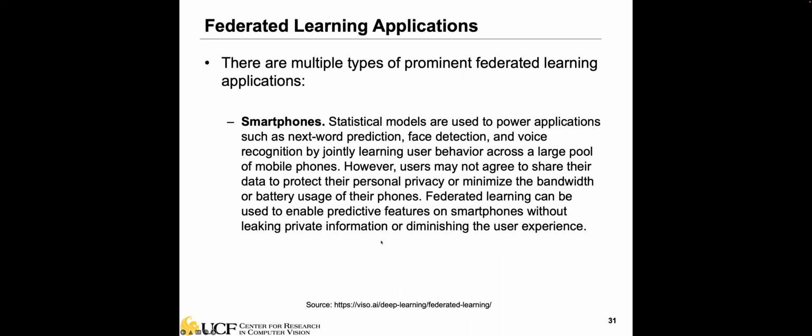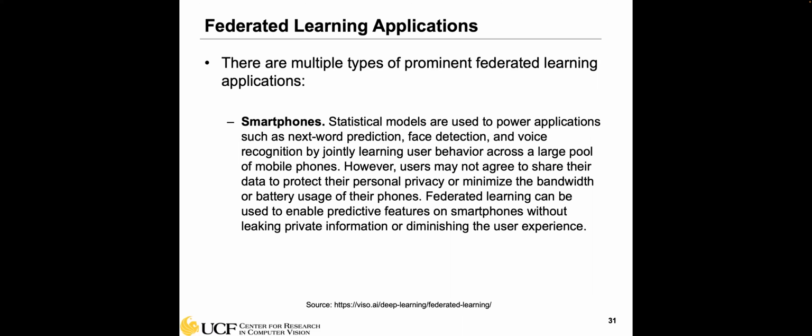Since we know the high-level idea of federated learning, and it has been used in a lot of applications, one big application is smartphones. On the smartphone we have a lot of apps. You can do face detection when you use the camera, using some AI algorithm.